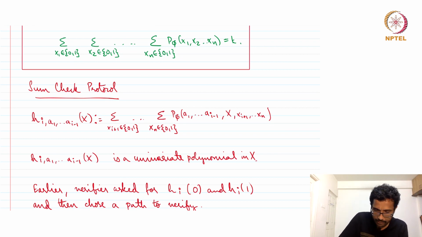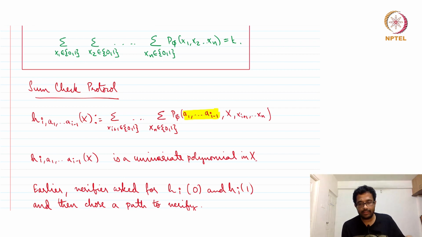The i minus 1 variables are fixed, right? And the ith variable is the free variable x. That is the same x over here in the left hand side in the argument of hi.